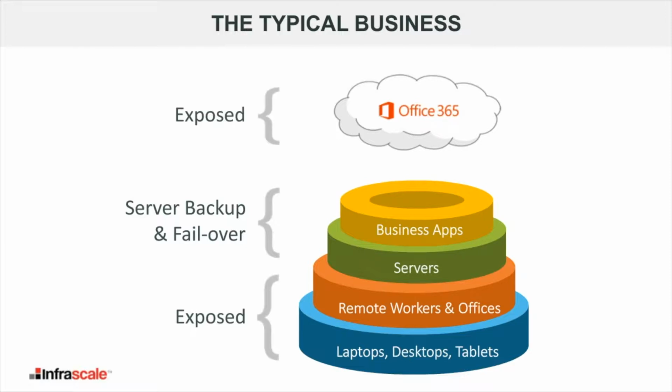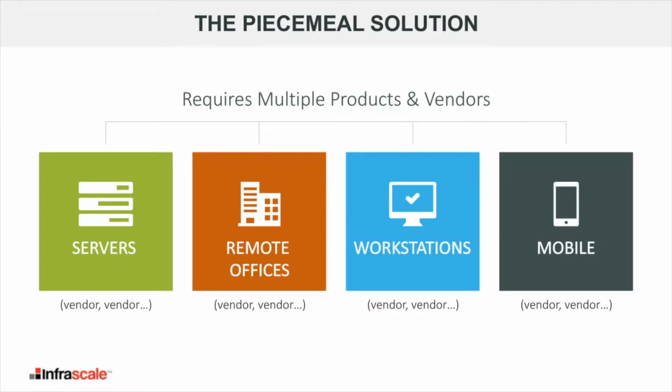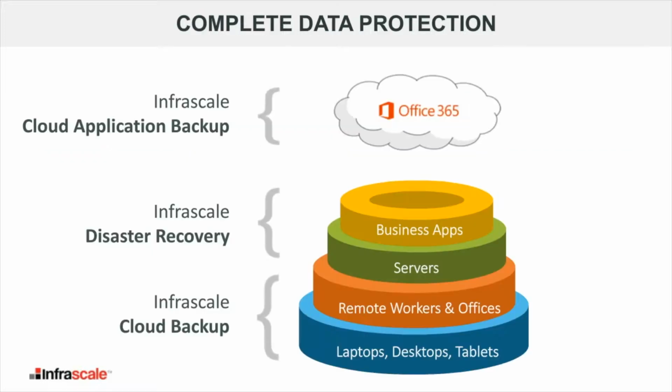And so what we see with a typical business is that generally speaking, because of this, a piecemeal solution is needed. So it's going to require multiple products and vendors in order to properly protect all of that exposed data that we just saw. So what we find is that Infrascale has brought in 3 solutions in order to completely protect a business environment and business data.